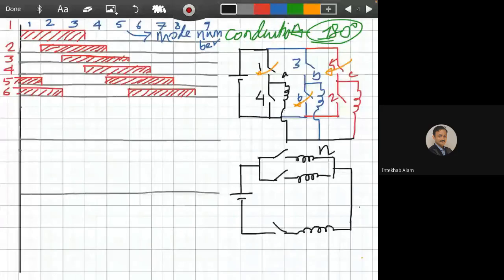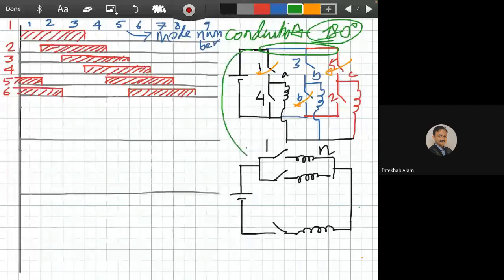So switch number 1, and if we count this point, actually here, this one. Okay, is it understandable? And switch number 5 is here.